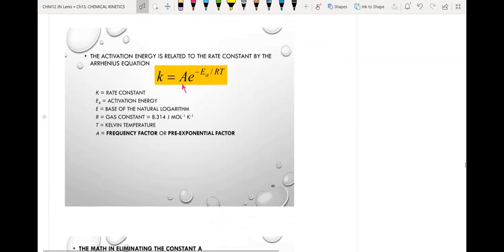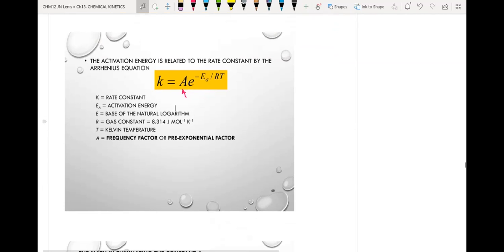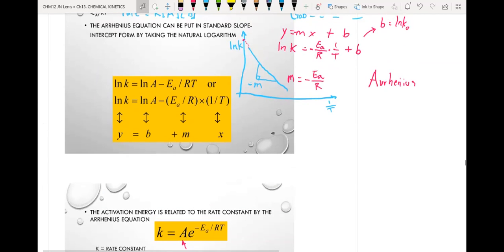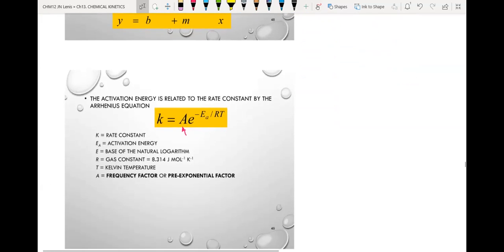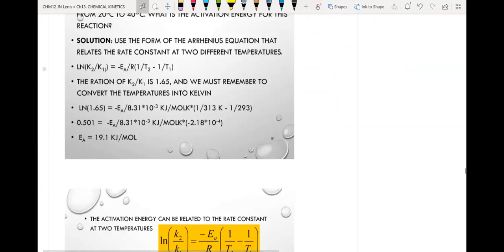Another way to represent this equation is exactly the same equation we got from here. This equation can be represented like this or like this.